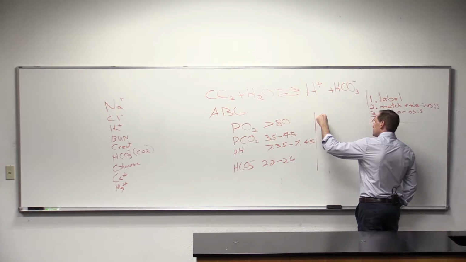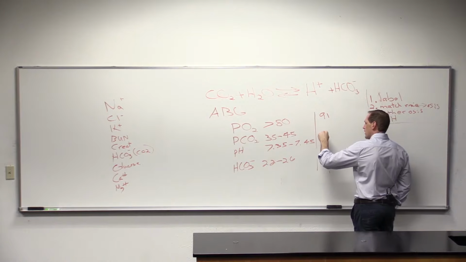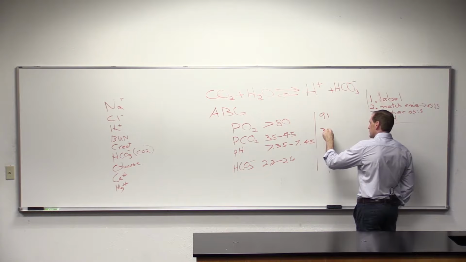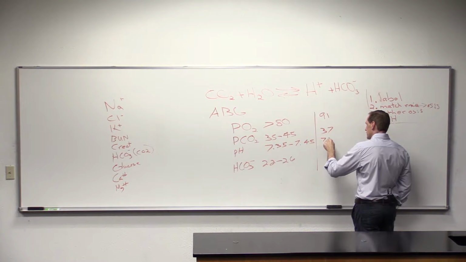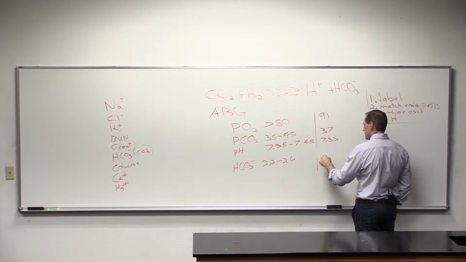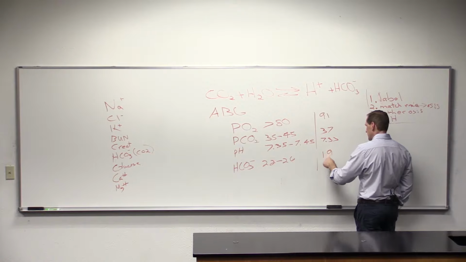All right, in this case, we're going to do 91 for the oxygen, 37 for the CO2, 7.33 for pH, and then bicarb will be 19.